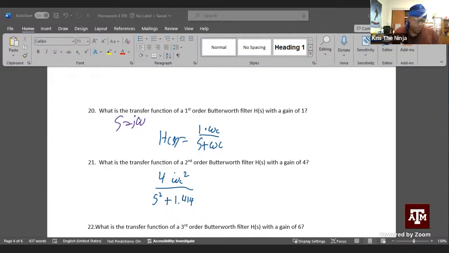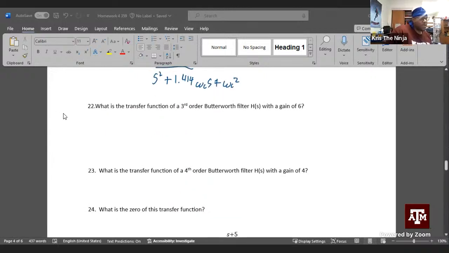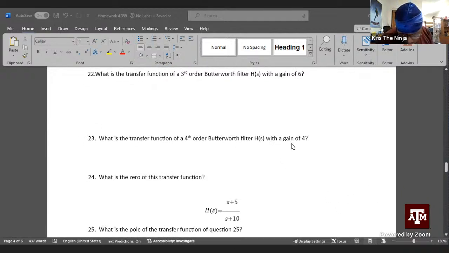Cool. Transfer function for a third order Butterworth filter. Now we're cooking with gas. Now we're cooking with the gain of 6. So with gain of 6, you want to have H(s) equals H1 times H2. Make that first order times the second order.